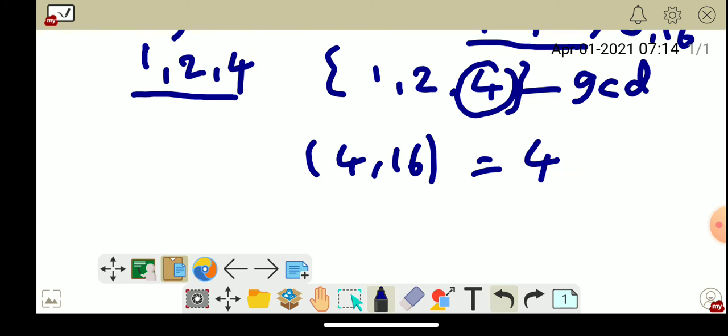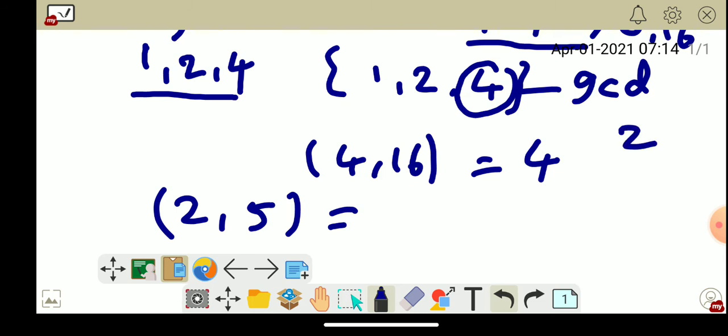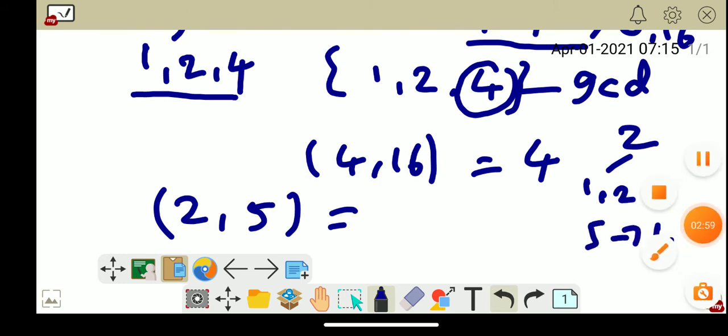We can take another example, 2 and 5. What is the GCD of 2 and 5? The factors of 2 are 1, 2 and the factors of 5 are 1, 5. Here the only common factor is 1.